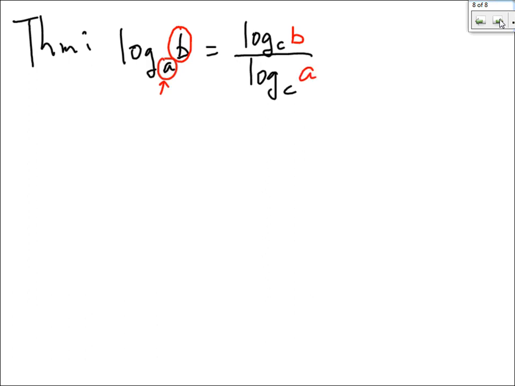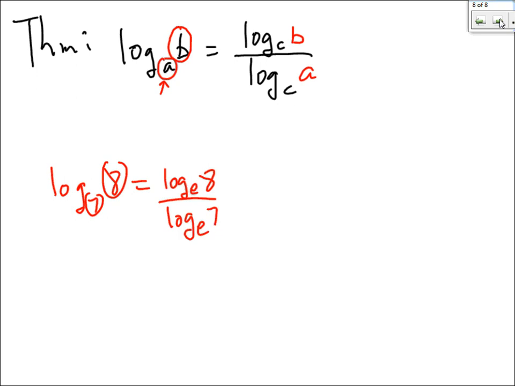So what this is saying is, if you have log base 7 of 8, you can't even calculate this on a calculator, but you can use log base e, which really means ln. You can use ln of 8 over ln of 7, and you can use your calculator and get an answer.